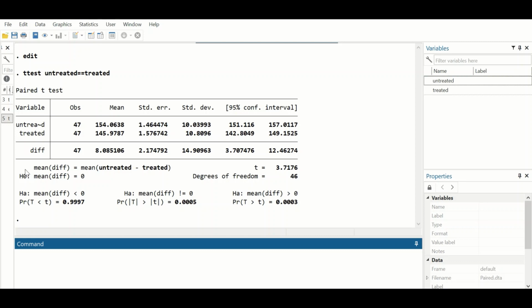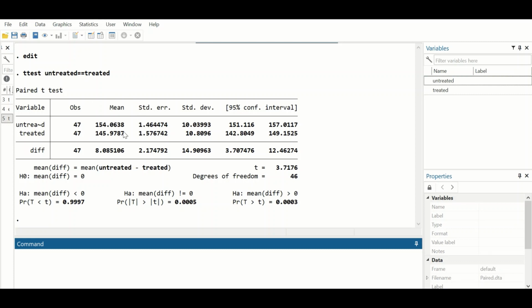The table shows that for the untreated and treated, the observations are 47 participants. Those participants have been measured twice under different conditions.